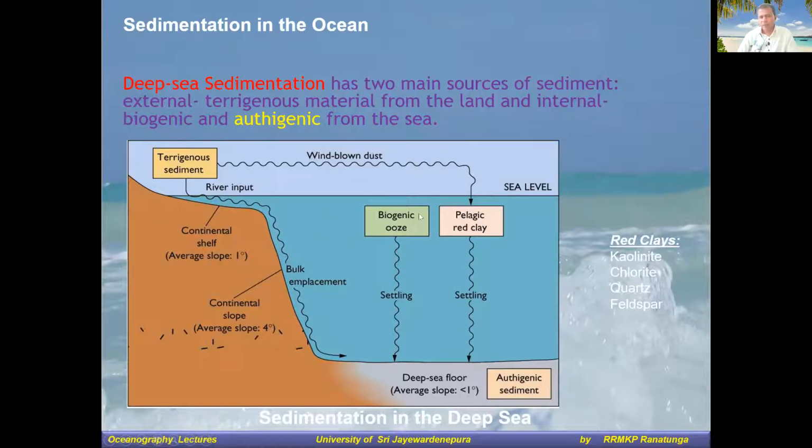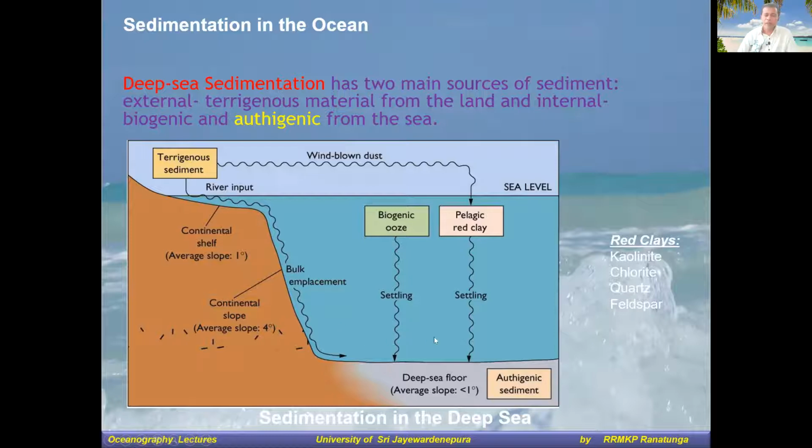The others are the Biogenous sediments, that due to the activities of the organisms, the biological activities of the organisms, there can be some sediment formed in the water column, and they can be settled. Right? So actually these biogenic sediments, or sometimes we call the biogenic oozes, once they are settled in large quantities somewhere here, and they are covered with the other type of sediments, especially from the Terrigenous sediments, layer by layer.